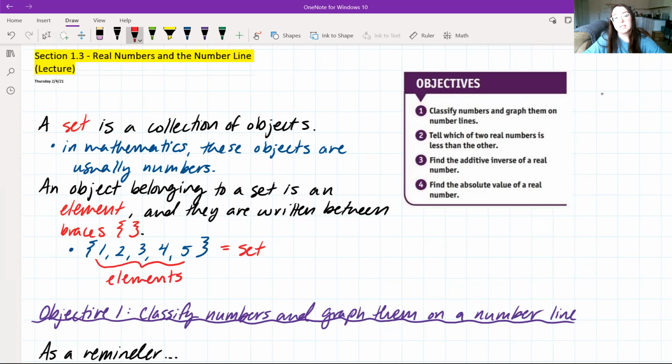These are the elements of our set. Each individual number is one element. So this is just establishing what a set is and what goes into a set.